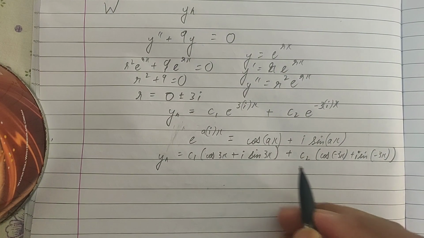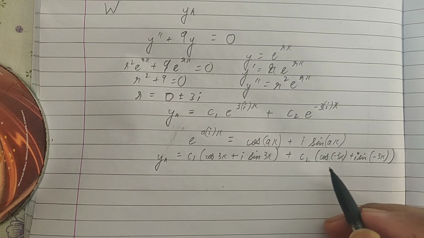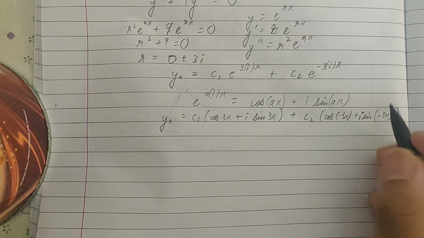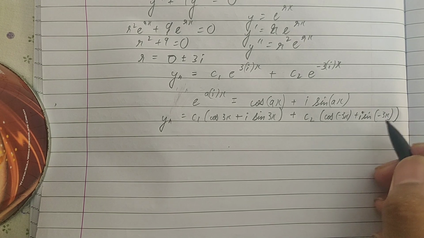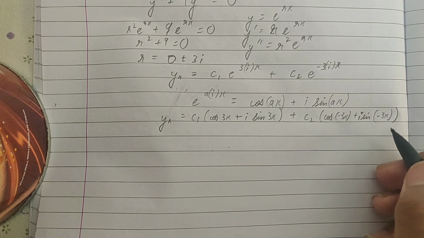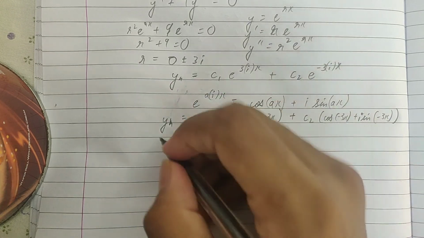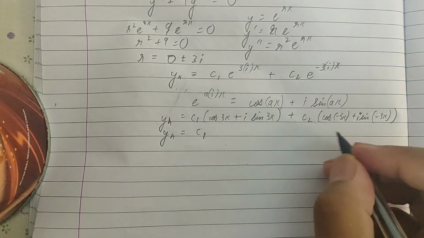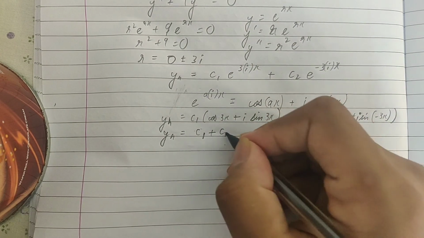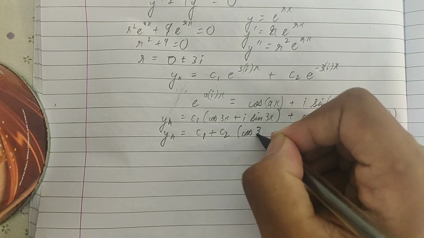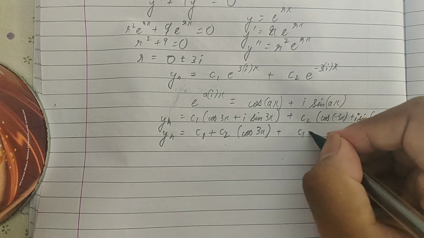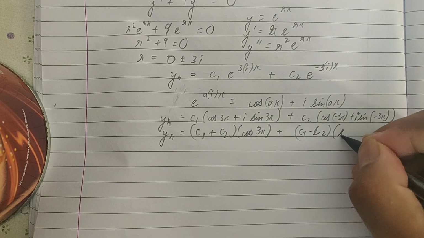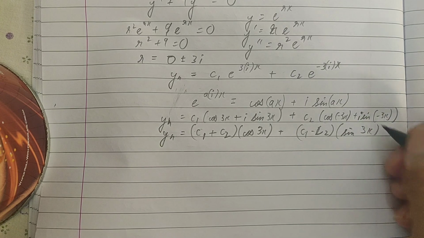So on opening the bracket, the cos term doesn't change, as cos of minus theta is still cos theta, but sine of minus theta is equal to minus sine theta. So that brings us to the following step, where we can further write this as C1 plus C2 cos 3x plus C1 minus C2 sine 3x iota.